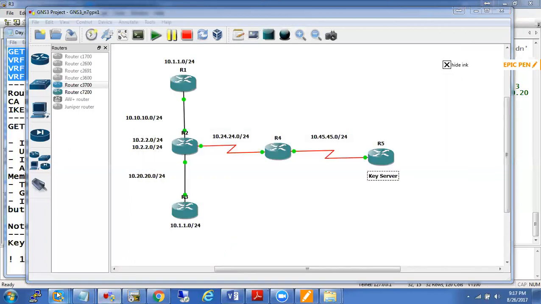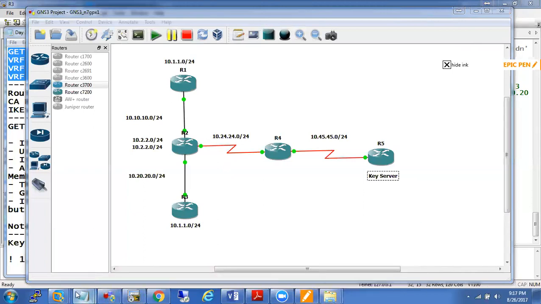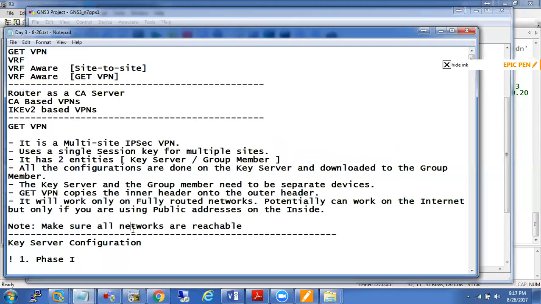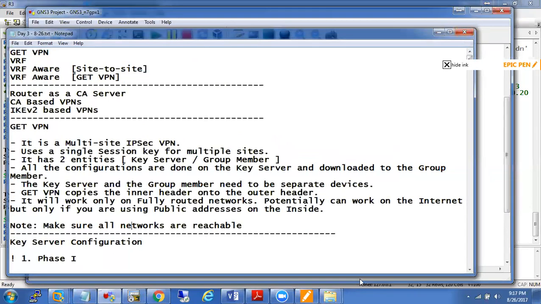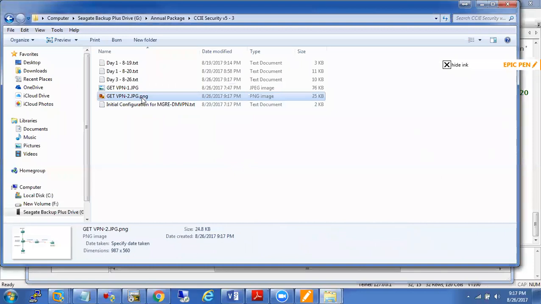All right, so if I go into your folder now, before I do that, let me save this as well. Yep. Get VPN-2. And then there's 3, and this is there. Okay, good. All right.